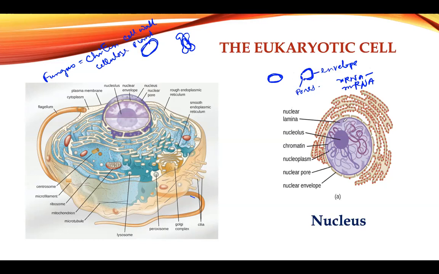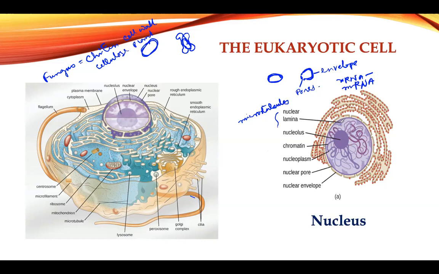Now, attached to the nuclear envelope, you can see a dark stained structure, a little harder area, and it's called the nuclear lamina. The nuclear lamina is nothing but a collection of microtubules; it is made up of microtubules. Basically, it is a skeleton system; one of the endoskeletons is microtubules.